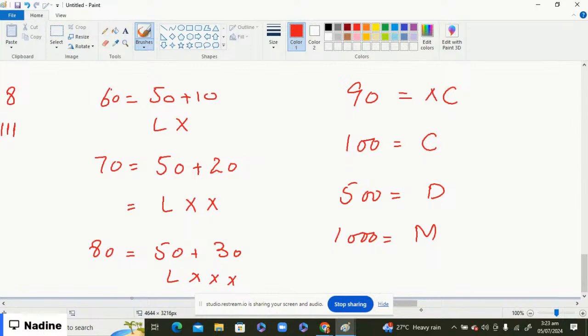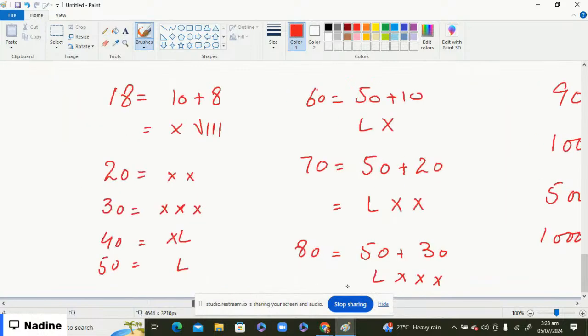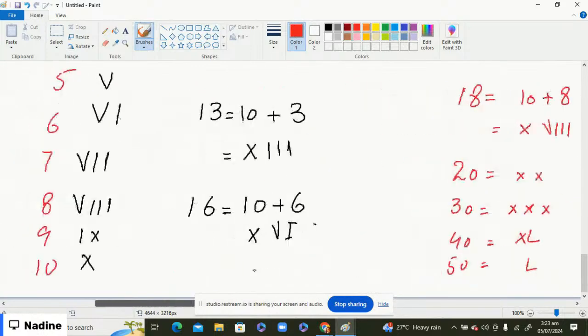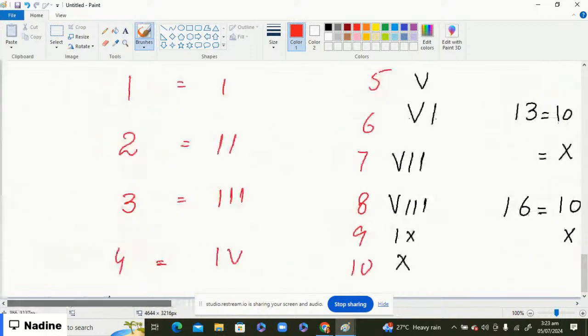Now you're going to check all of it, the Roman numerals 1 to 10. Firstly, I'm going to write 1, 2, and 3. These are the same. Only 4 and 5 are different. Check it out one time.